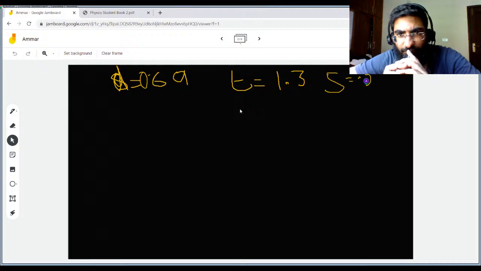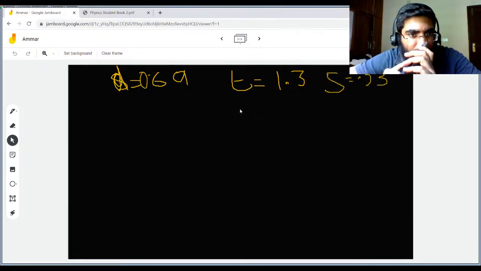This is the speed. This is average velocity. Speed equal to distance by time gives you average velocity. You're halfway there, it's correct.